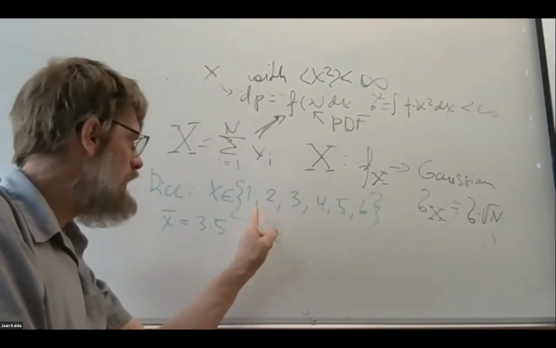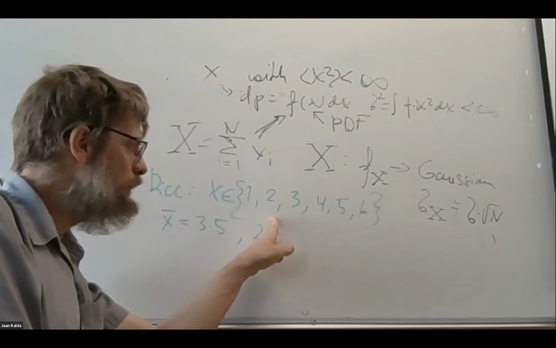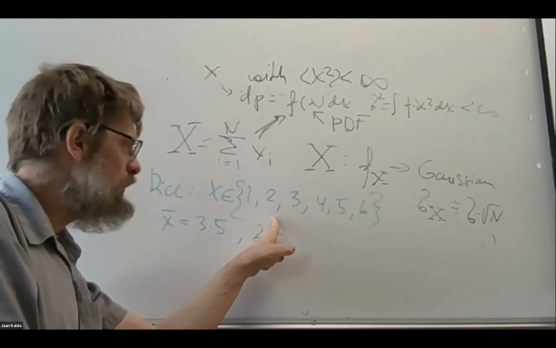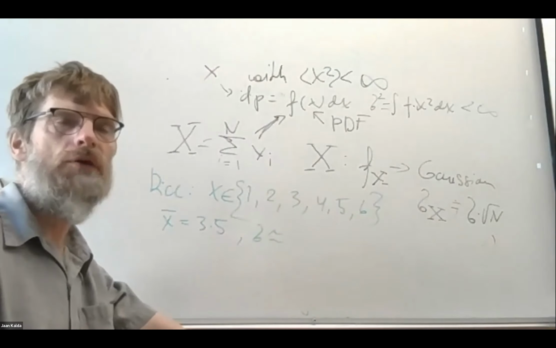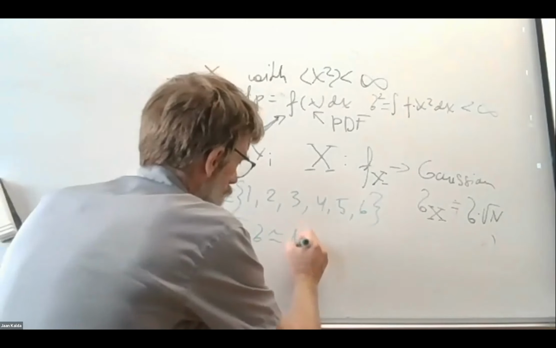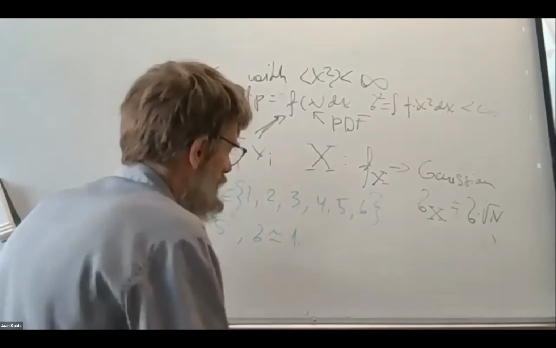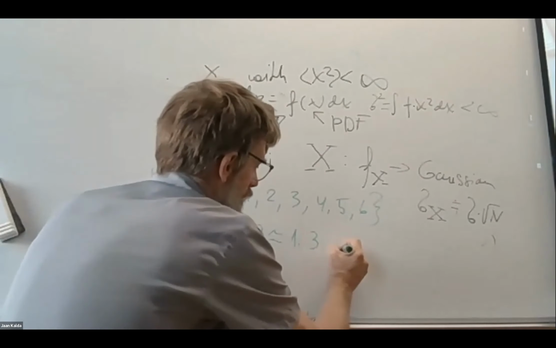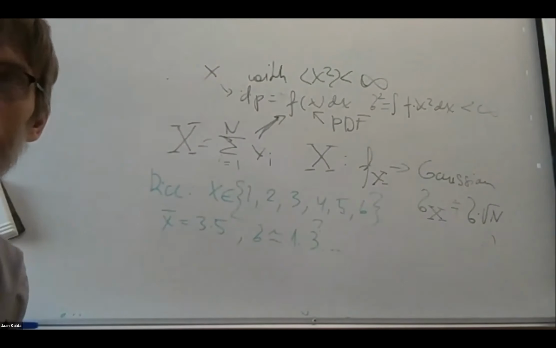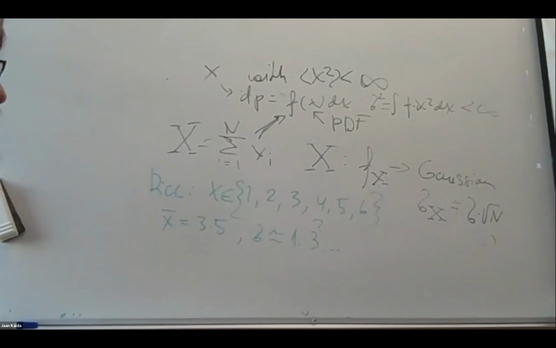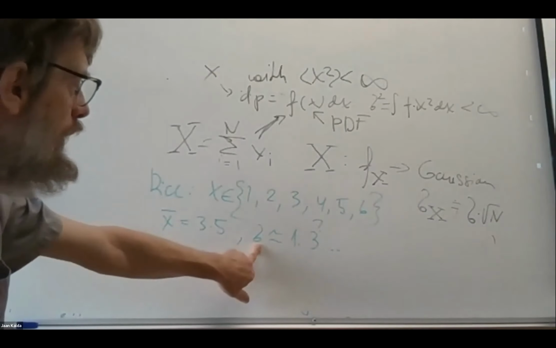So approximately, 3.5 plus or minus something like 1.5, or somewhere around 1 point something. So 1.3 maybe. But we did not calculate it, that number might be wrong as well. Okay, so some sigma, some standard deviation.